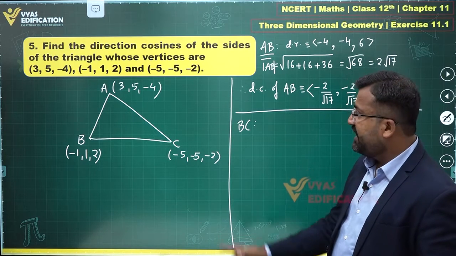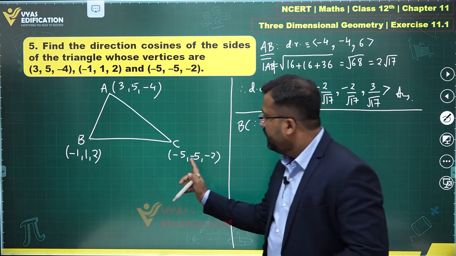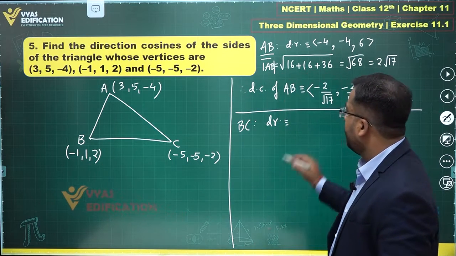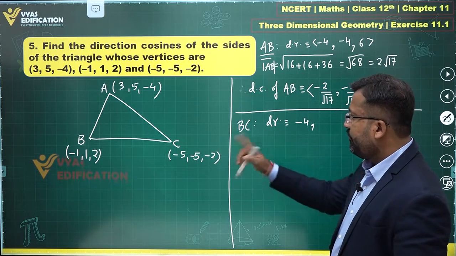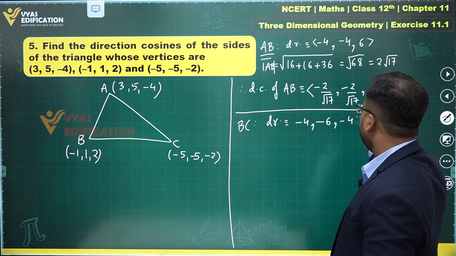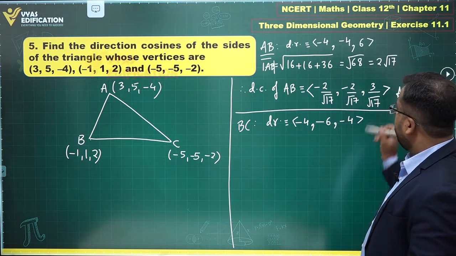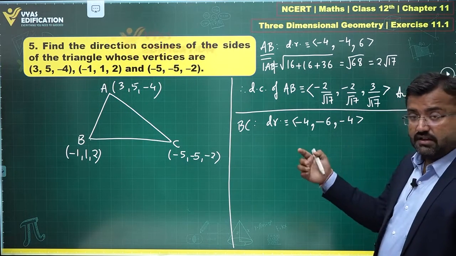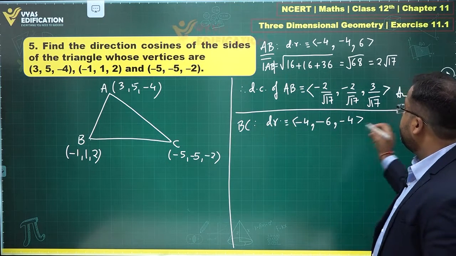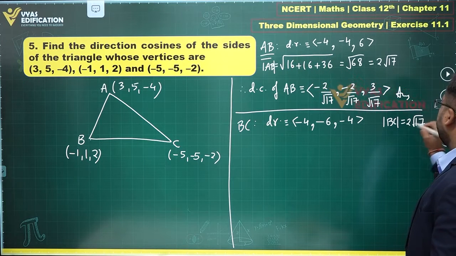So for BC, the direction ratios will be this minus this, which is minus 4 first, minus 6 then, and minus 4 next. If you see, the magnitude is exactly the same, therefore the magnitude of BC will be the same, which is 2 root 17.